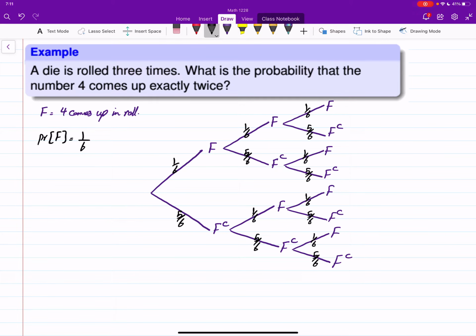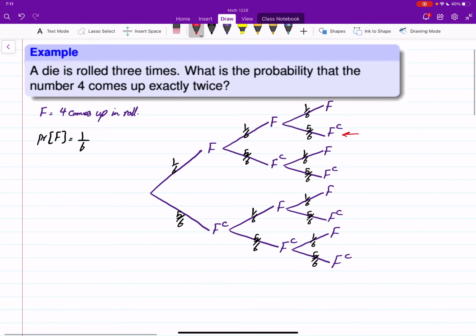Now, exactly 2 4s comes up. So it means that you find paths which include exactly 2 4s, not more, not less. For example, the first path has 3 4s, so I cannot take that in. But the second one has 2 4s and 1 something else.